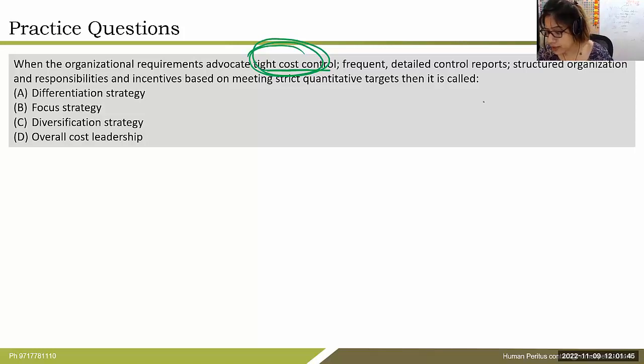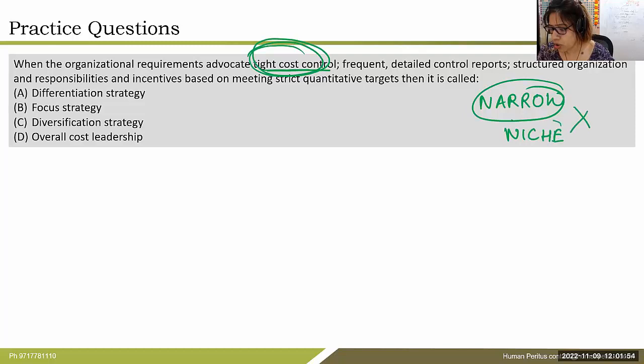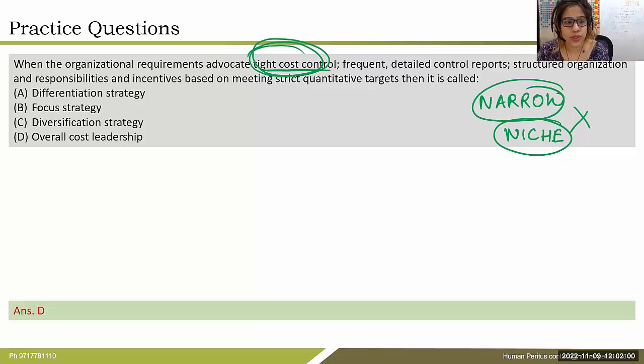Here, do you think there has been any use of the word narrow or niche? No use of these words. Only one thing is mentioned, that is tight cost control. The answer should be D. Let's see. D. Very good. Ithumati, very good. Overall cost leadership.